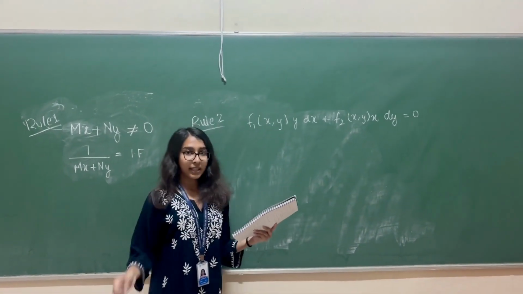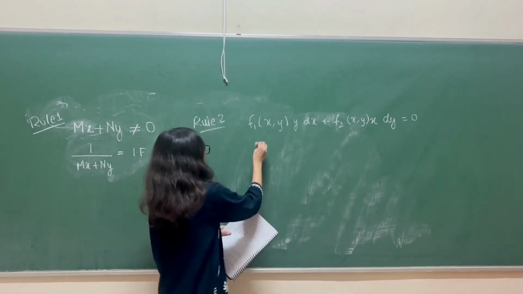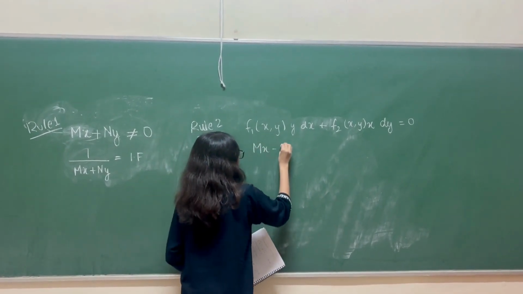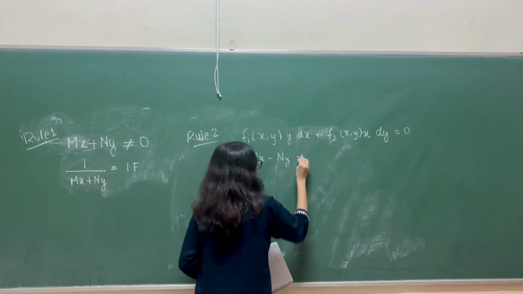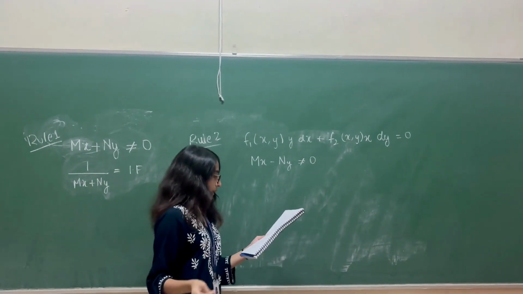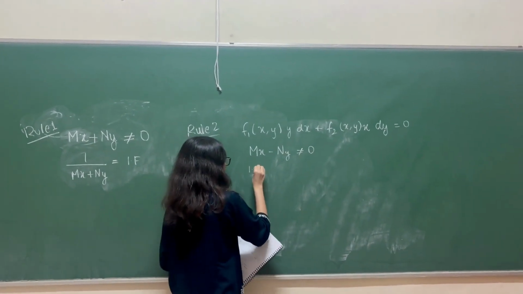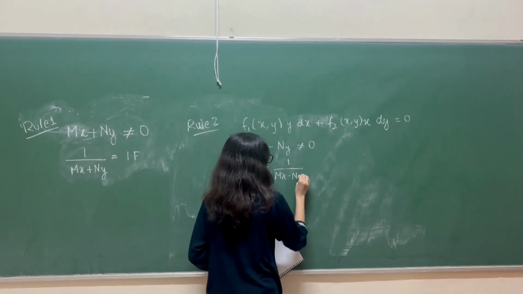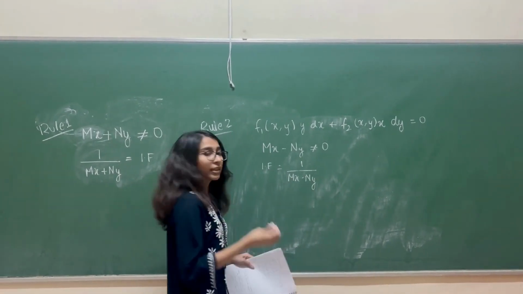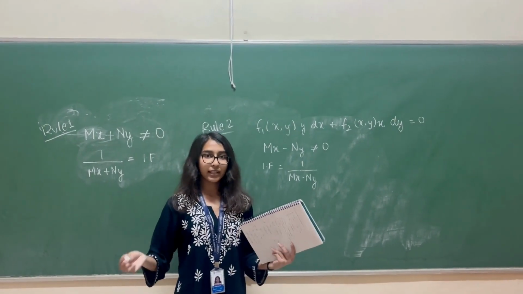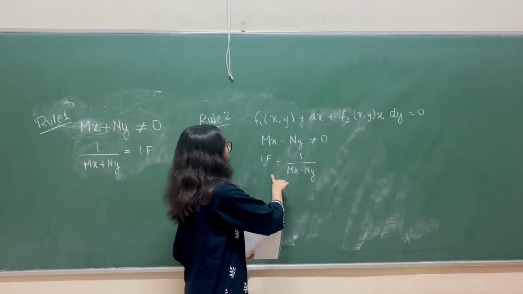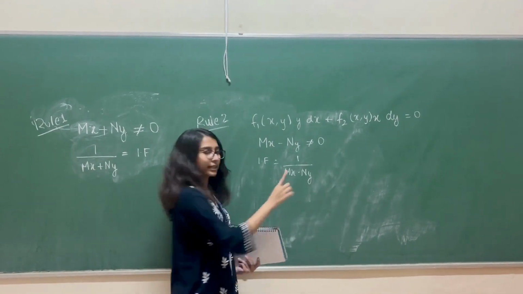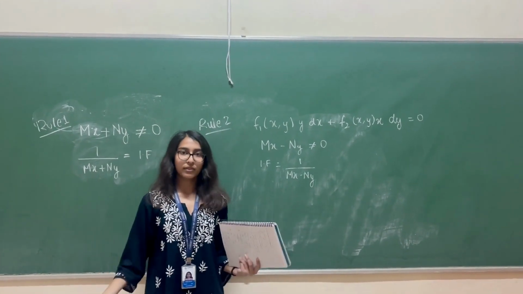So now we can make this exact when Mx minus Ny does not equal 0. So then we can make the integrating factor equal to 1 by Mx minus Ny. And then you use the other rules for solving an exact differential equation, as when you multiply this equation with the integrating factor, your equation will become exact.